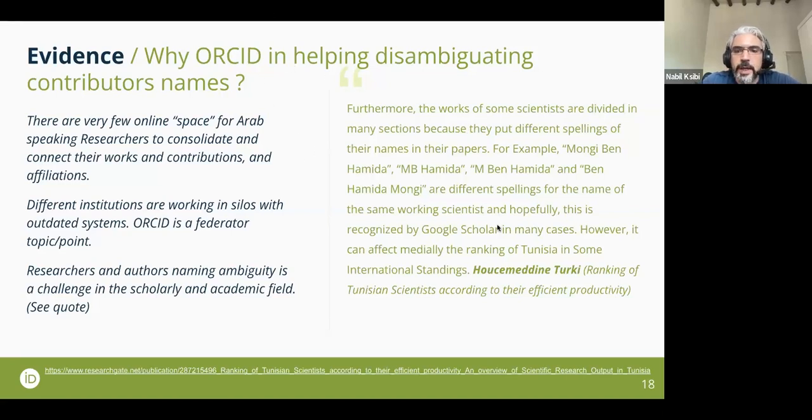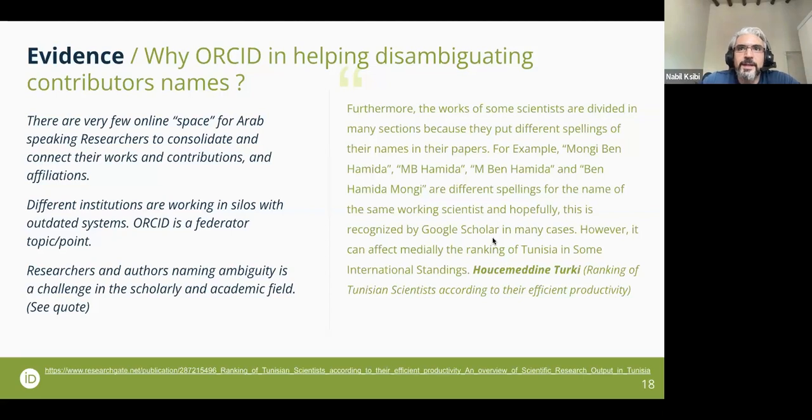I'm also going to use the example of myself. My name is Nabil Aziz Ksibi. In my passport, I'm known as such, at ORCID as Nabil Ksibi. I have some works, although I'm not a researcher, registered as Ksibi. So it really depends on the form acquiring the name, and sometimes on my mood that day.